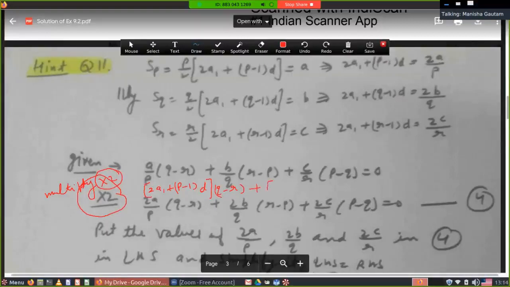Next statement is 2a1 plus q minus 1 into d, and this is multiplied by r minus p. Now 2c upon r is what? 2a1 plus r minus 1 into d, and this whole is multiplied by p minus q. Now this is the left hand side. Multiply these two, and these two. You will get a lot of terms and all are cancelled, and you will get the right hand side equal to 0. Now do this simplification on your own.